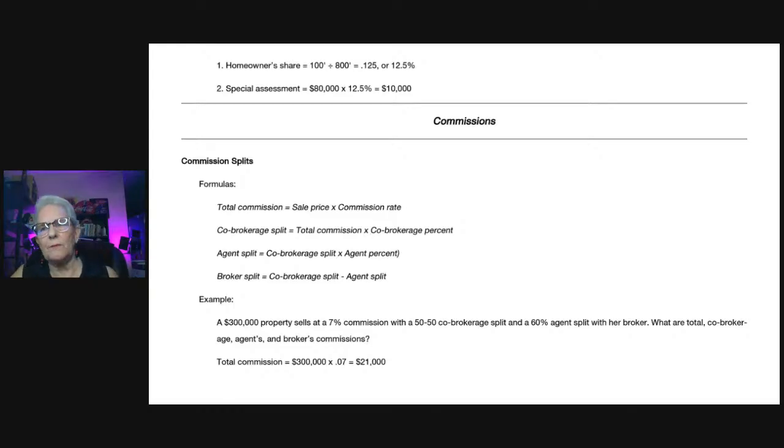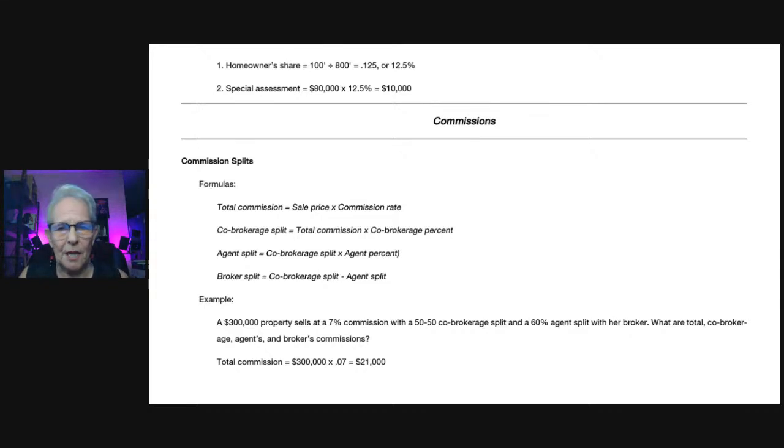I think RE/MAX and other companies that are franchises have a franchise fee. So in addition to the commission split, you may be required to pay a franchise fee. Keller Williams is a 3% franchise fee, which is about $3,000. $18,000 commission if it's a 70-30 split, plus $3,000. So they're getting a total of $21,000.